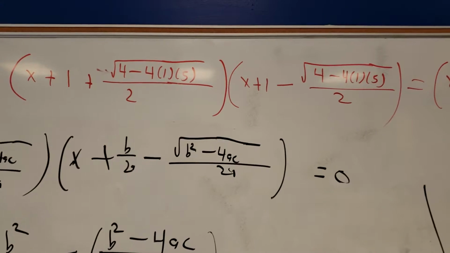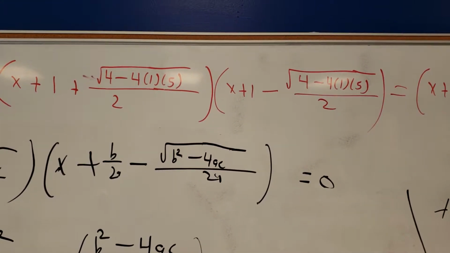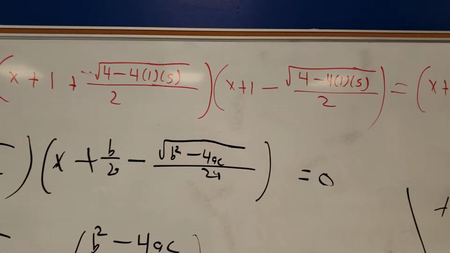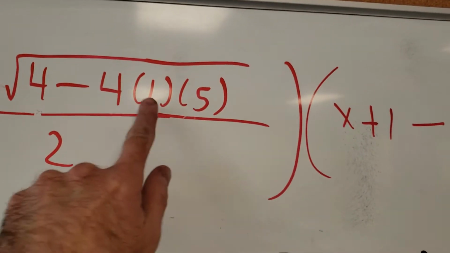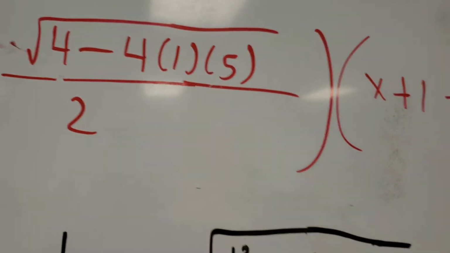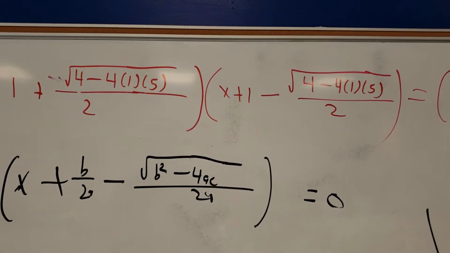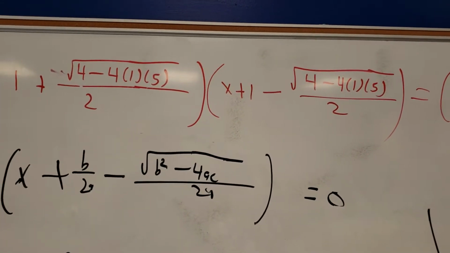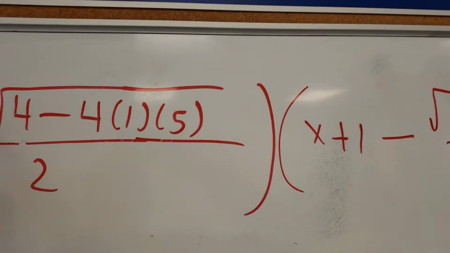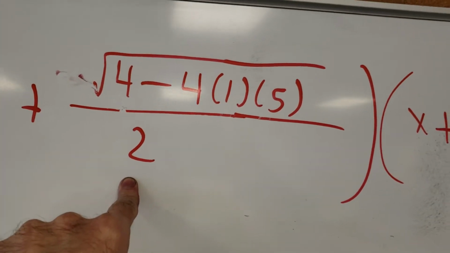But look at that square root there. We got 4 minus 20, because 4 times 1 times 5 is 20, so that's negative 16. Be careful, the square root of negative 16 is not just 4, it's 4 times i, where i is the imaginary number. Then if I take 4i and divide by 2, I get 2i.